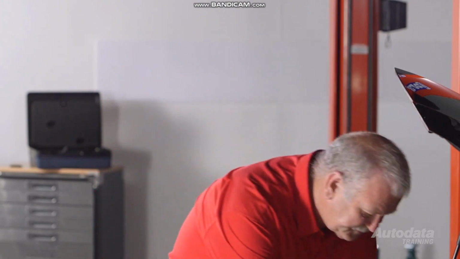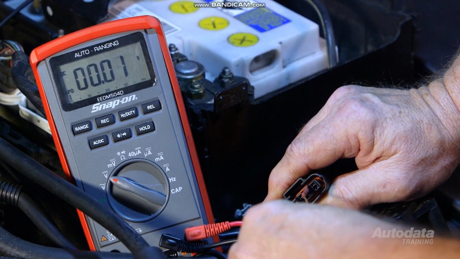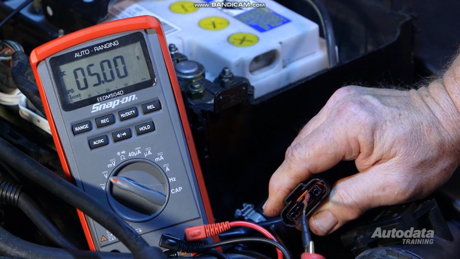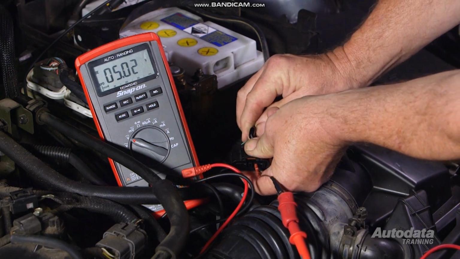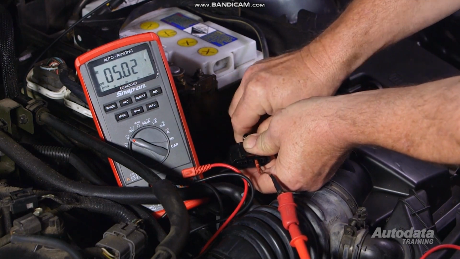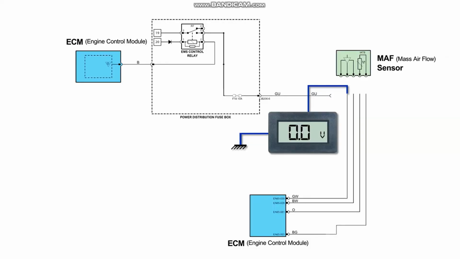If the ground and supply voltage are correct, you can now test the signal wire. With the ignition on, you can measure the voltage between the signal terminal at the sensor connector and ground. The reading should be between 4.8 and 5.2 volts. Don't forget to do a wiggle test while watching the meter if the reading is correct.